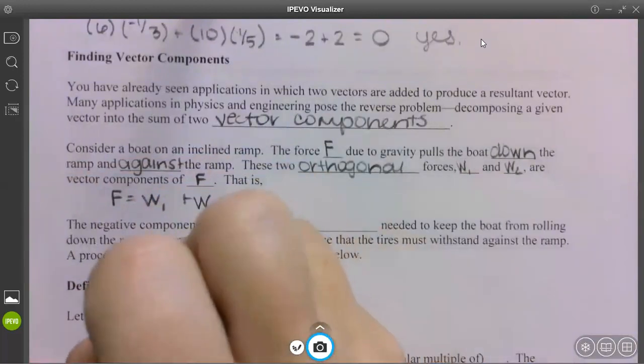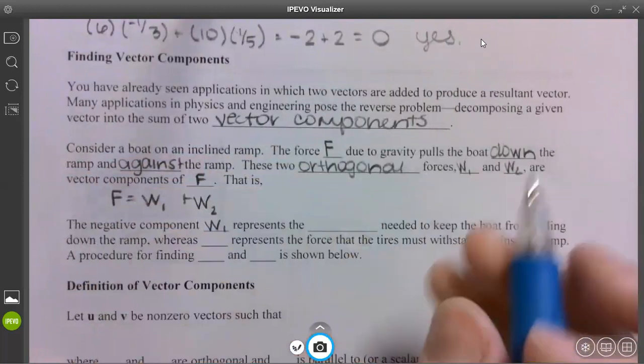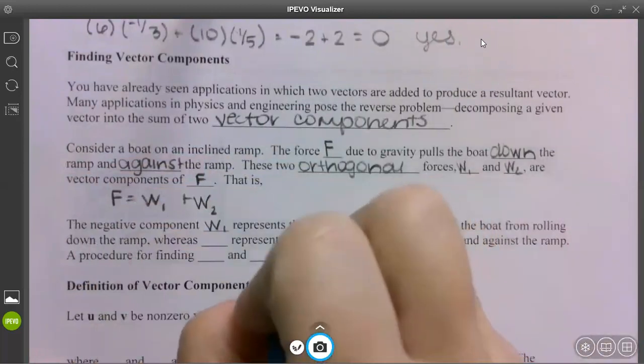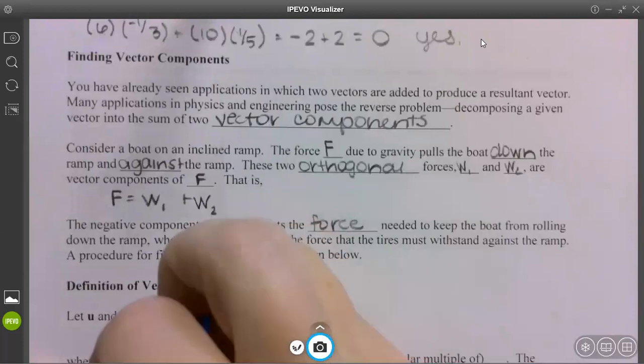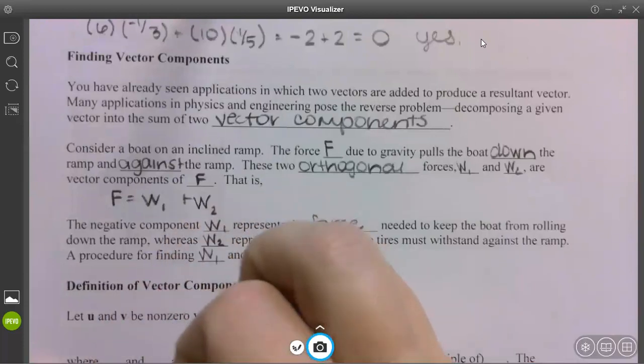The negative component W1 represents the force needed to keep the boat from rolling down the ramp, whereas W2 represents the force that the tires must withstand against the ramp. A procedure for finding W1 and W2 is shown below.